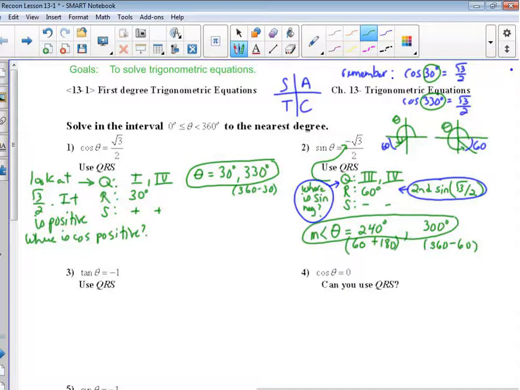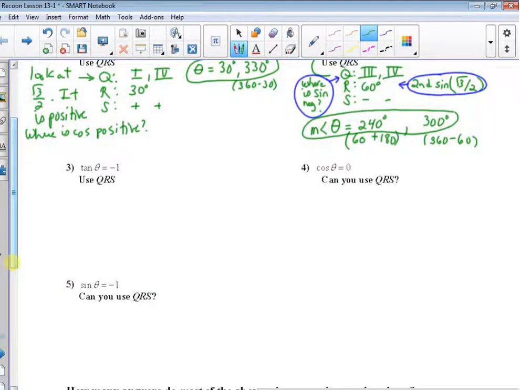Okay, next one. Tan theta equals -1. So QRS. So to get that quadrant, I'm looking at that negative sign, and I'm saying, where is tan negative? Where is tan negative?